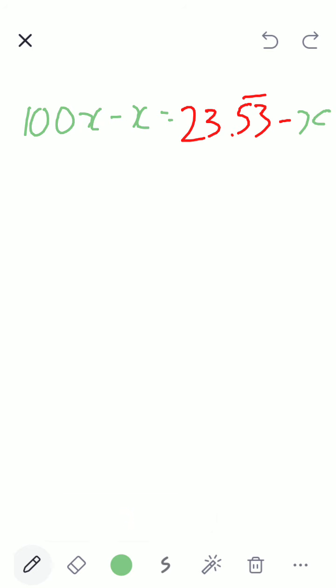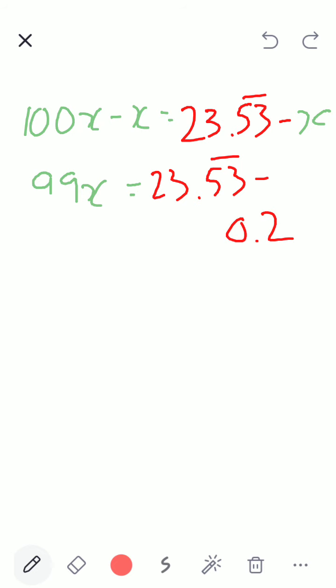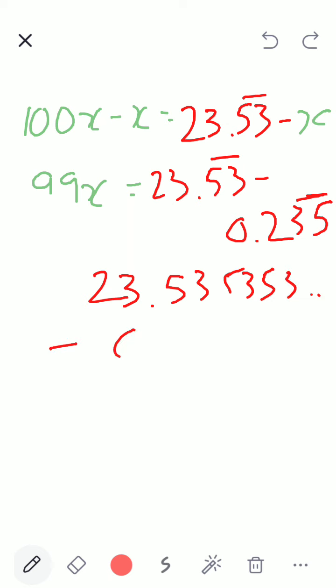So I will get 100x minus x, 99x, equals 23.53 recurring minus 0.2353 recurring. Quickly in rough: 23.53, 53, 53 and so on, minus 0.2353 and so on.